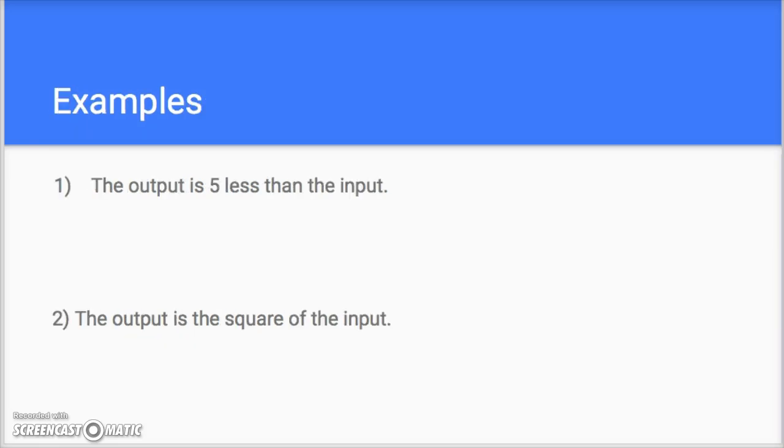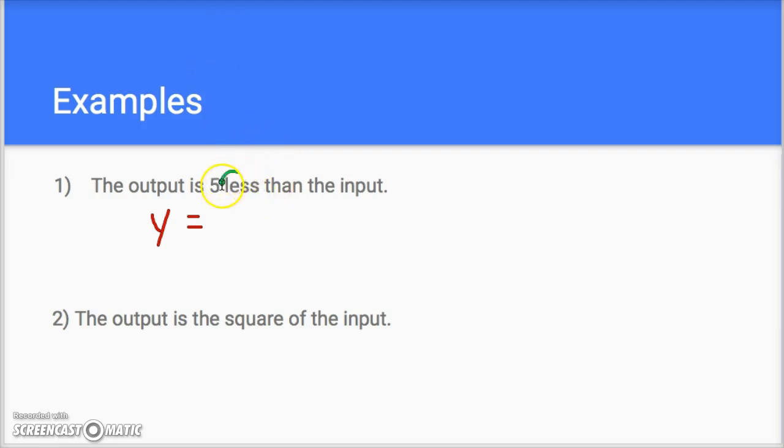All right, so the first two examples, we're just simply going to write the function rule or write the equation that goes with it. So if you look at number 1, it says the output is 5 less than the input. So again, I'm going to write exactly what it says. So the output, remember, anytime we see the word output, that's our y. Is means equals. Now here's what I was talking about earlier with the words less than and fewer than.